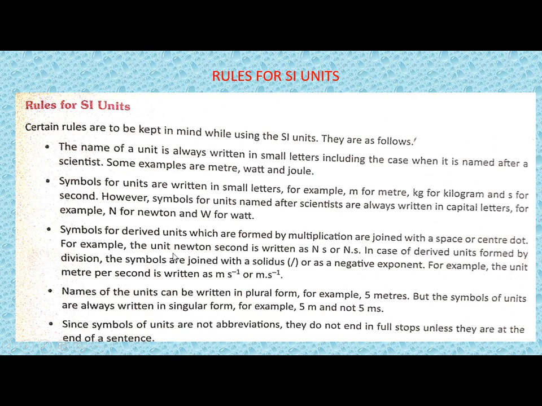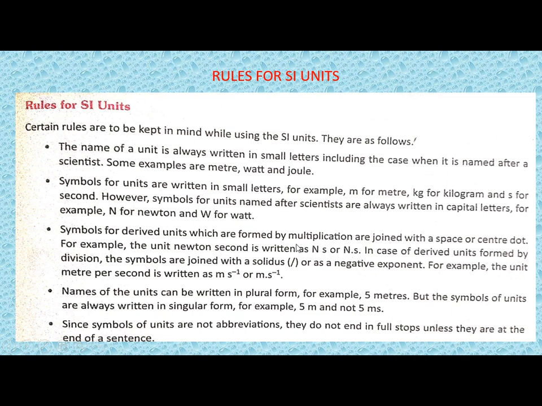Like here, the unit newton second is formed by the multiplication of two units, that is newton and second. This is represented by N s, with a space in between, or we will write N dot s.